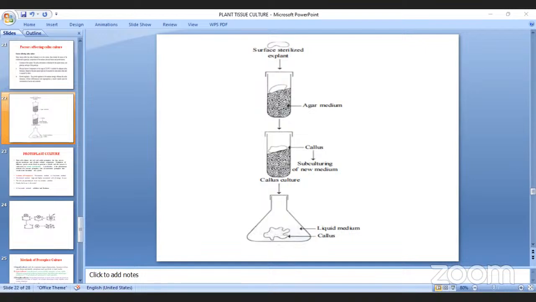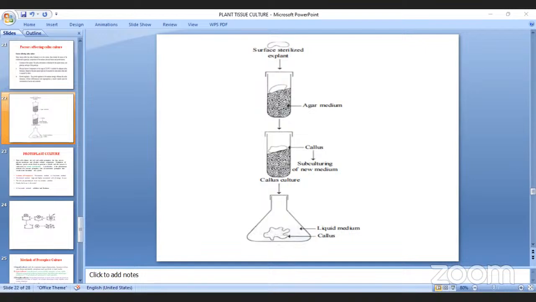The simple difference is that in cell culture we only use liquid, suspension media, but in callus culture we mostly use solid medium, agar medium, mainly MS medium. That is the difference, but the rest of the process is the same.